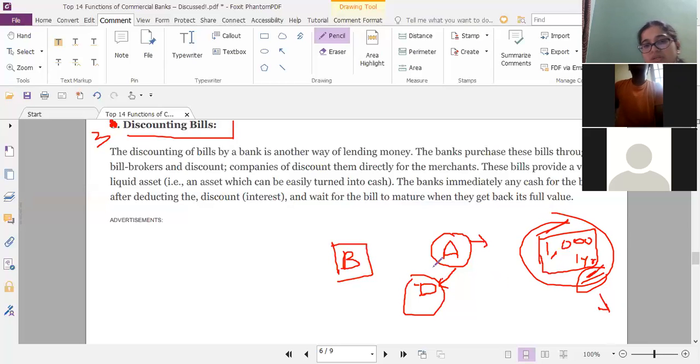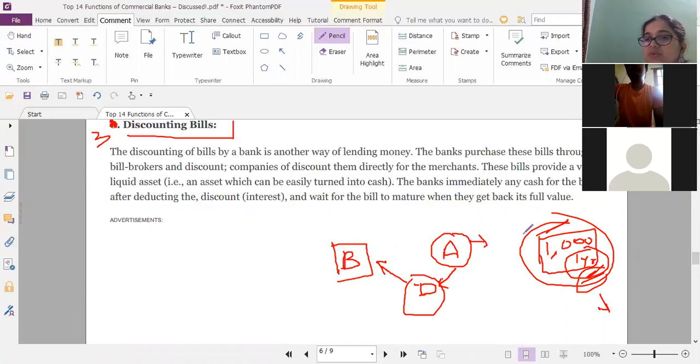So what D can do is, D can approach the bank with this bill before 1 year. You must remember this. Before the expiry of this maturity date, D is supposed to approach a bank.